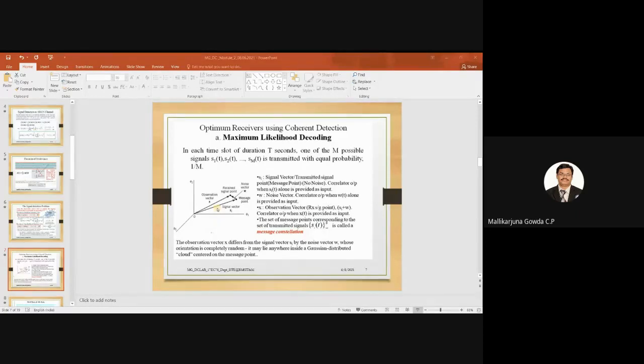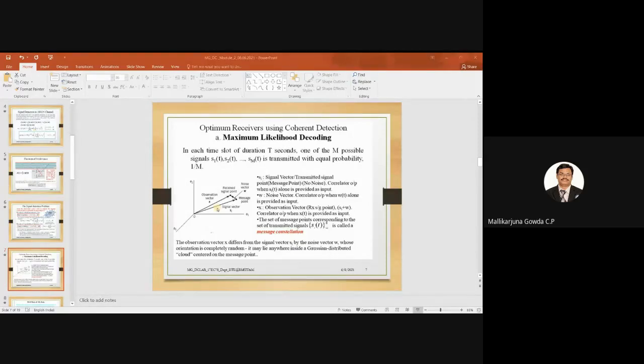It is the output of the correlator only when the signal input is there without noise. And one more I have written here, the received signal point. I write that with the observation vector x. The observation vector x is the received signal point. This will have signal plus noise, s_i plus w, and the arrow shown is the noise vector, that is w.